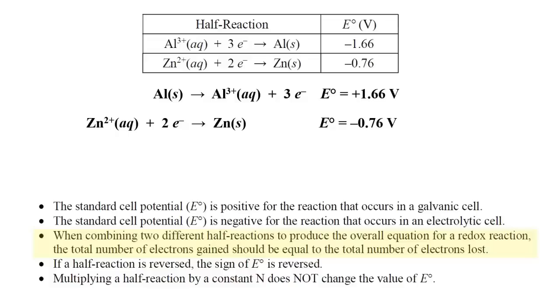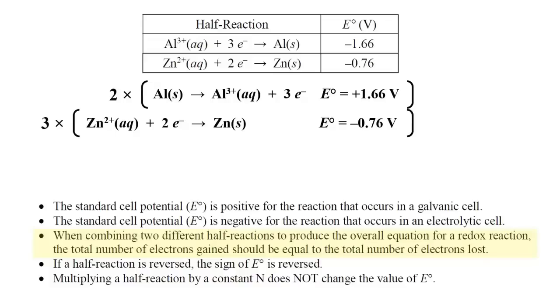Since 2 electrons are gained in the zinc half reaction and 3 electrons are lost in the aluminum half reaction, the least common multiple of 2 and 3 is 6. So we multiply the aluminum half reaction by 2, because 2 times 3 is 6, and we multiply the zinc half reaction by 3, because 3 times 2 is 6.